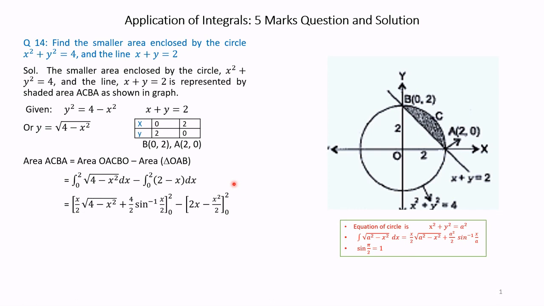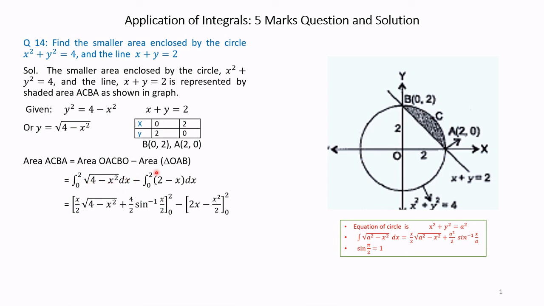So therefore, we know the quadrant area is given by the integral from 0 to 2 of y dx. If you put x square plus y square is equal to 4, you will get y is equal to square root of 4 minus x square dx.